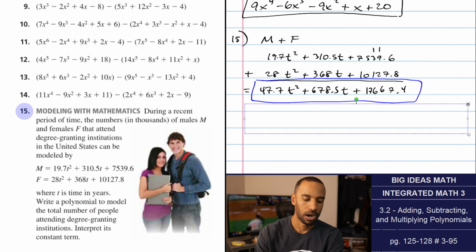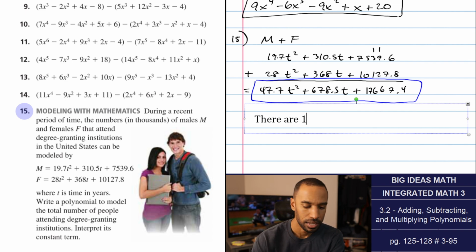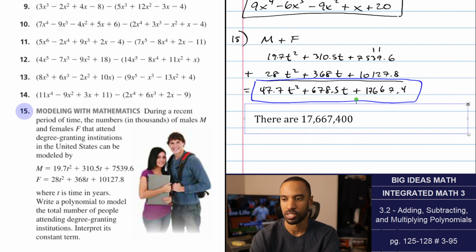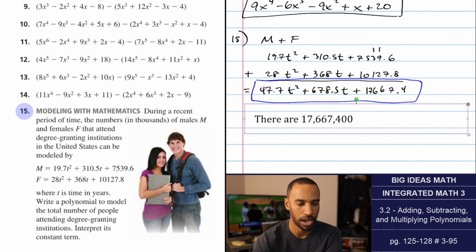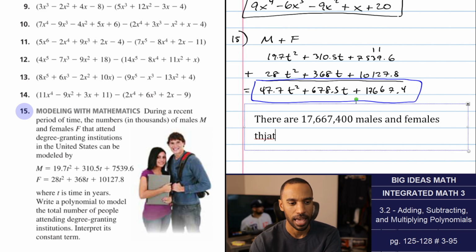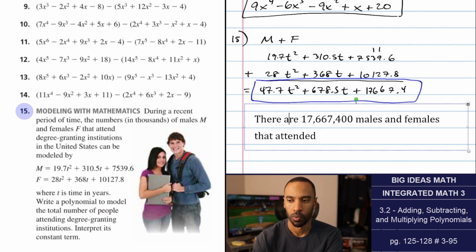So there are 17667. Now for thousands, it would be 400. Okay, there are 17,667,400 males and females, people, I guess, that attended. Or there were.